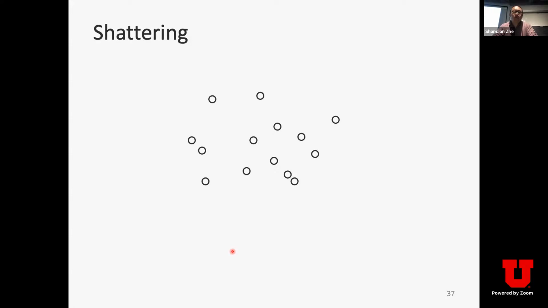Shattering means that I try every possible labeling for the 14 points. If for every possible labeling I can find a hypothesis in my hypothesis space that perfectly separates the positive and negative examples, then we can say we can shatter these 14 points. So now, can we use the linear hypothesis space to shatter these 14 points?